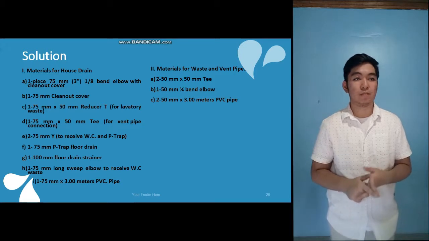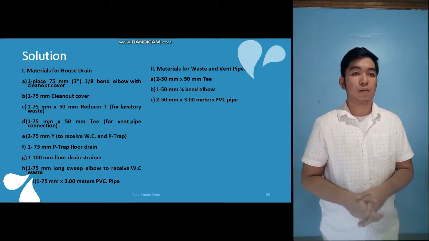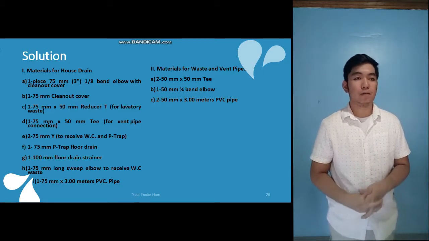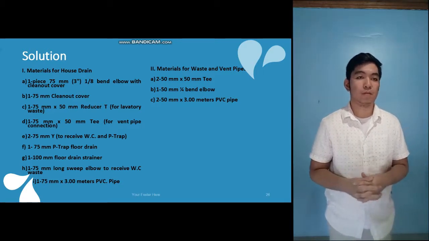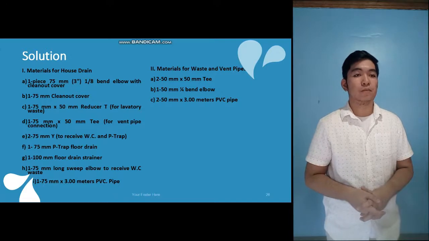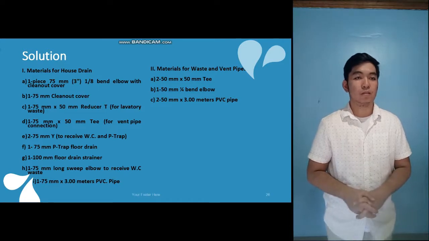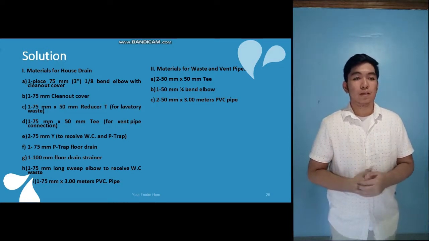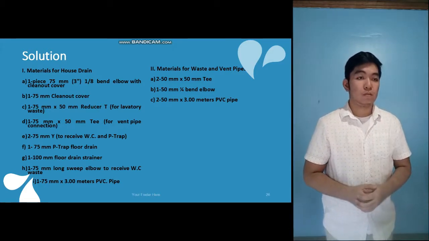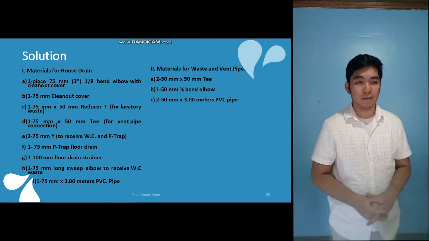Kailangan ito one piece na 75 mm 1/8 bend elbow with cleanout cover, one 75 mm cleanout cover, isa ka 75 mm by 50 mm reducer T for laboratory waste, isa pud ka 75 mm by 50 mm T for vent pipe connection, duha ka 75 mm Y to receive water closet and P-trap, isa ka 75 mm P-trap for floor drain, isa ka 100 mm floor drain strainer.